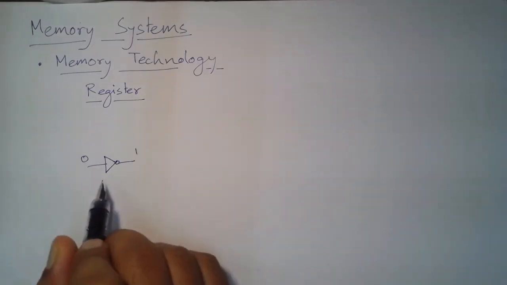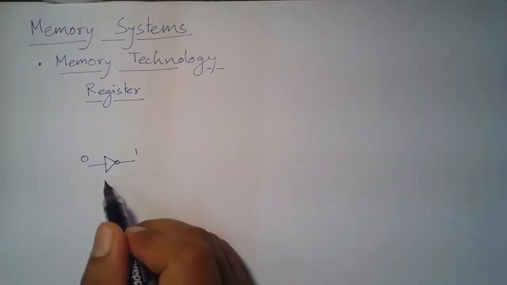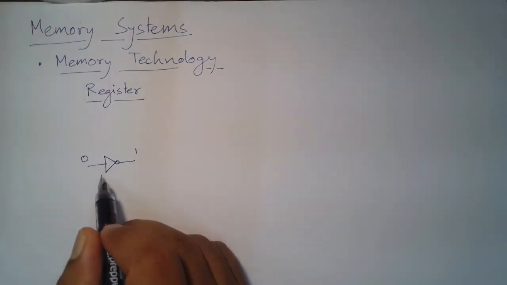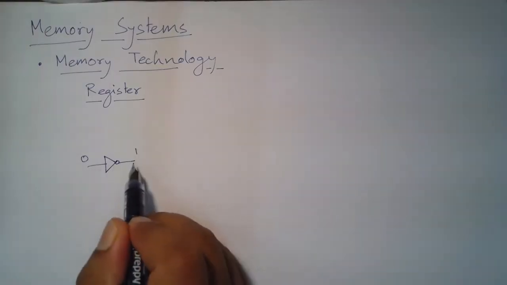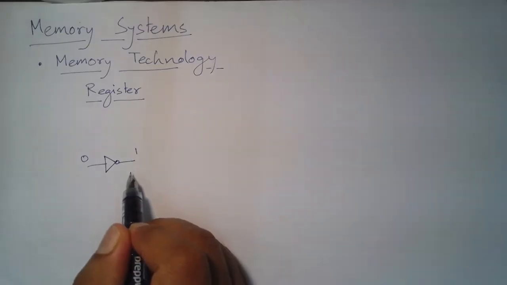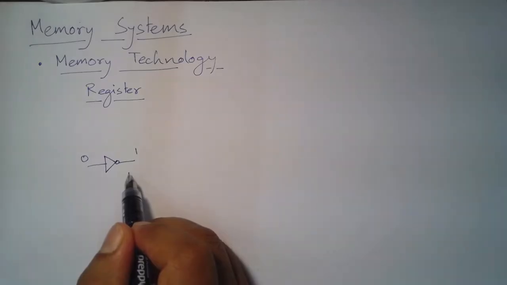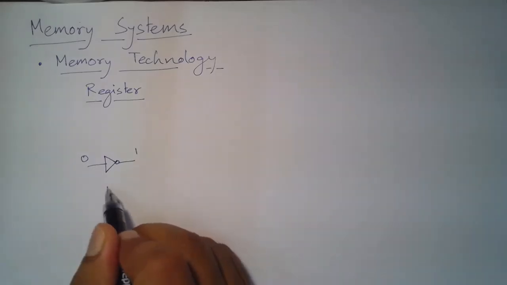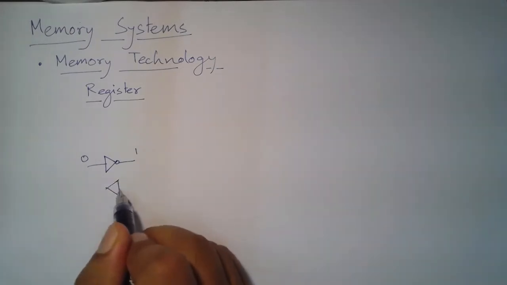Now can you think of a way to store a bit using, let us say, multiple inverters? So one possibility can be that I have two inverters and I connect them like this.